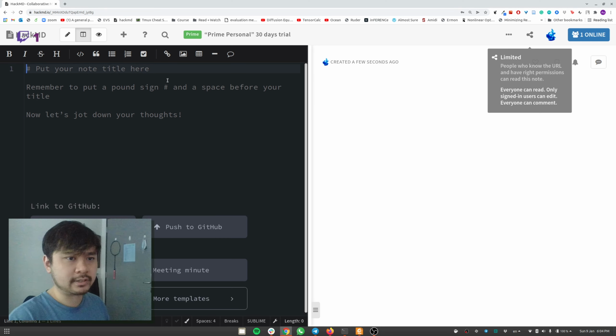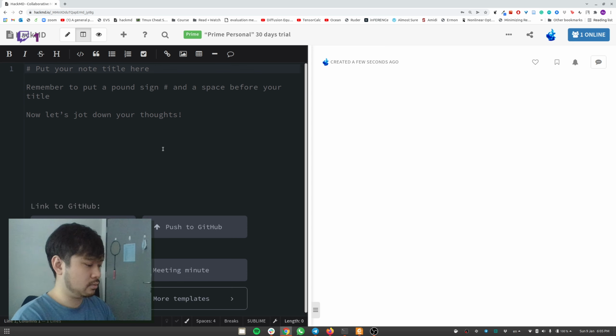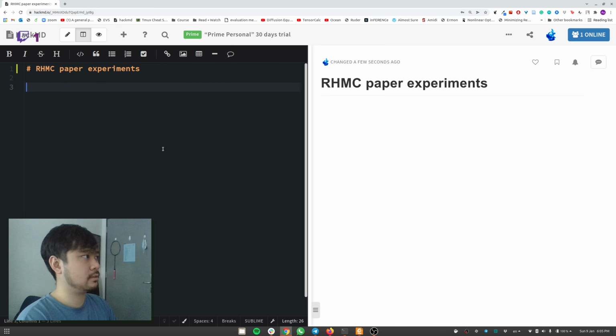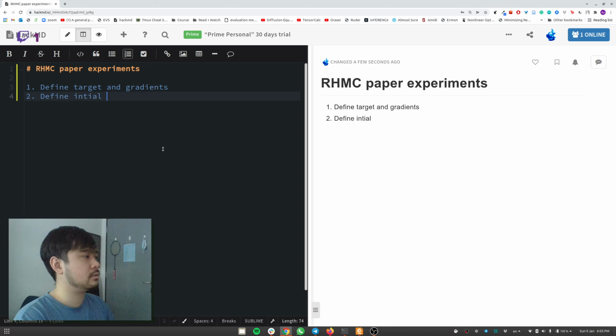Maybe I should write everything down here. That would be good actually. Okay, so RSMG paper experiments. For each experiment, well, okay, let's just say that the first thing I do is to define target and gradients, define initial position, map.